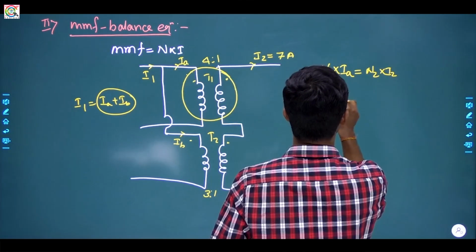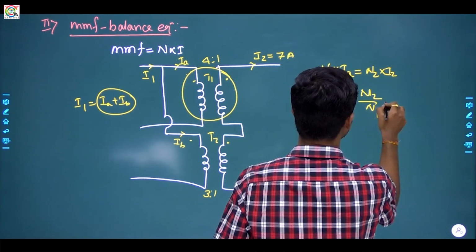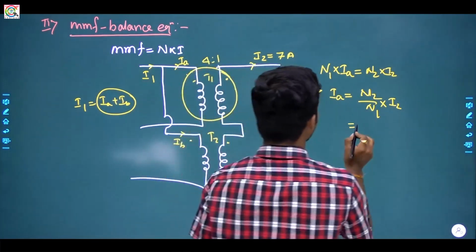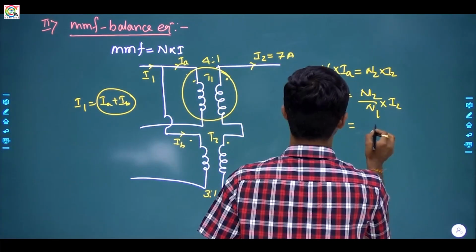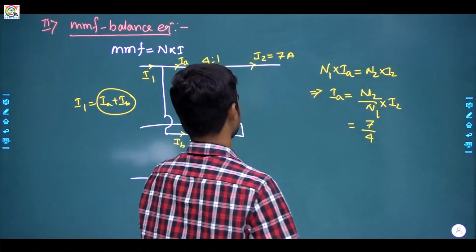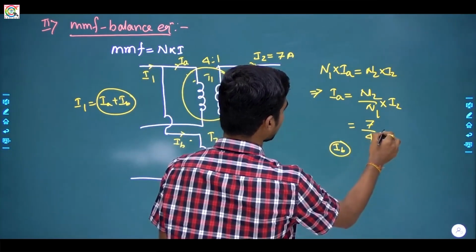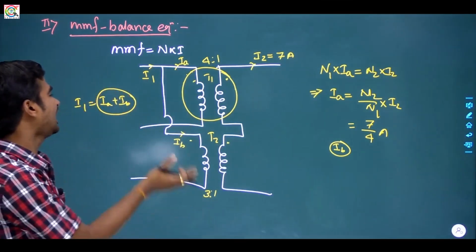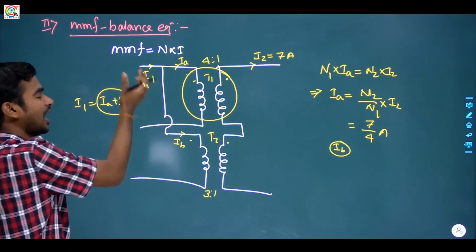So IA will be N2 by N1 into I2. So what is the value of I2? Already you have 7. So it will be 7 by 4. Similarly you have to find IB, which is 7 by 4 ampere, and you have to add IA and IB in order to get I1.